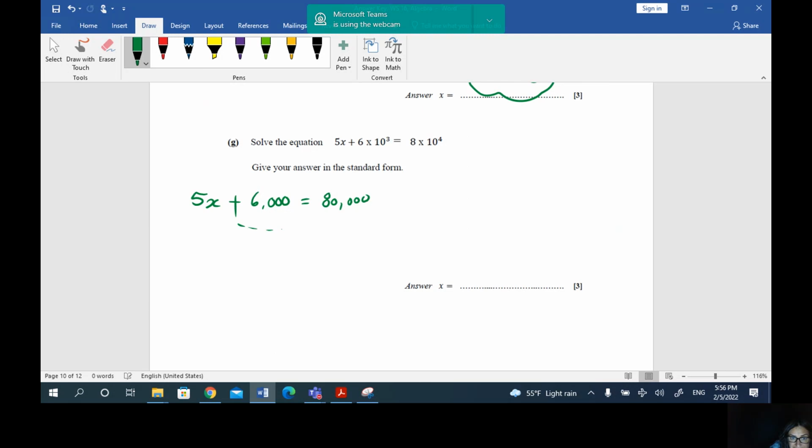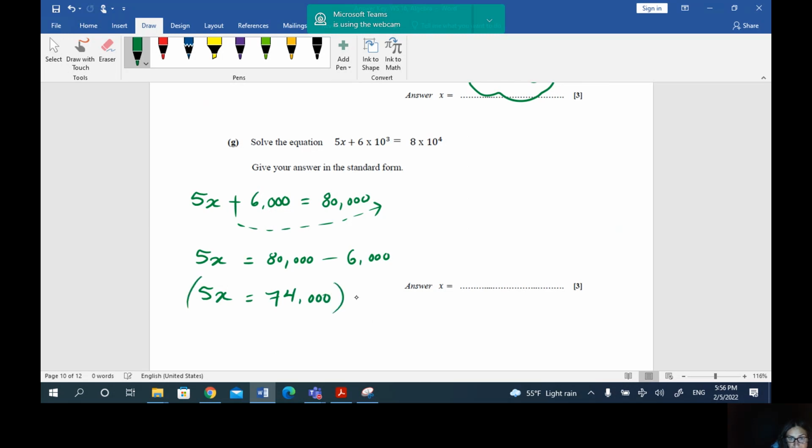Now it's just a usual question. So we're going to send this to the other side of the equation. So 5x is equal to 80,000 minus 6,000, which is 74,000.